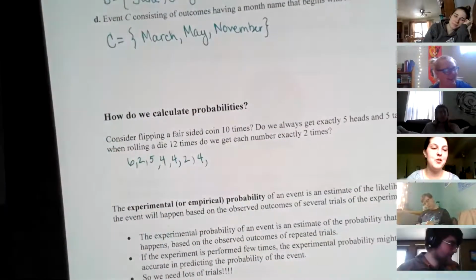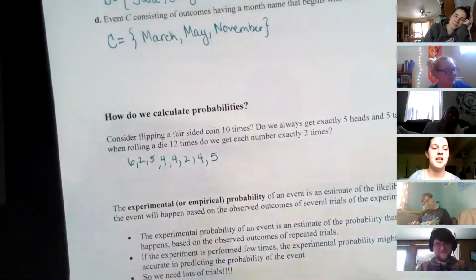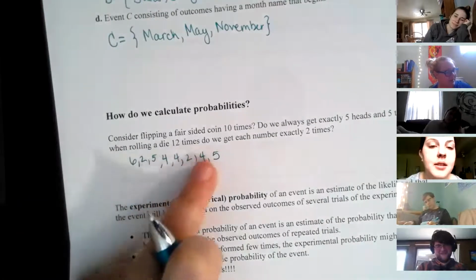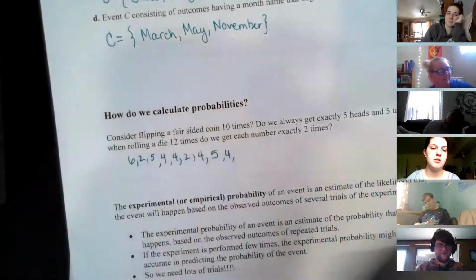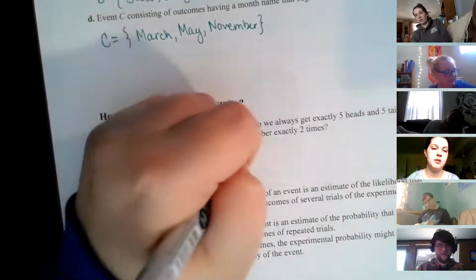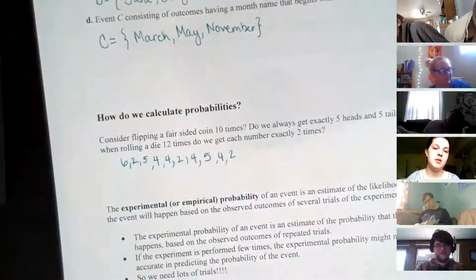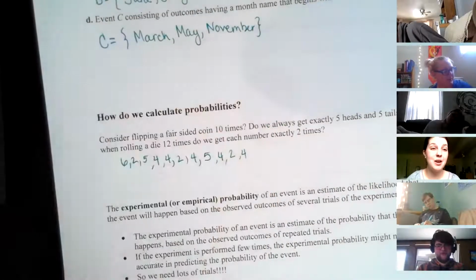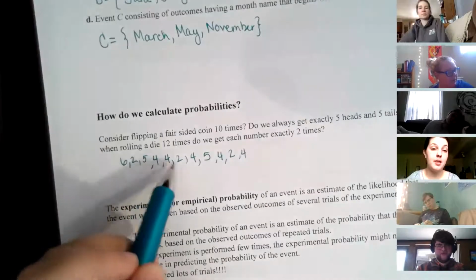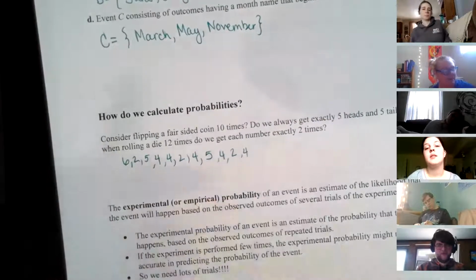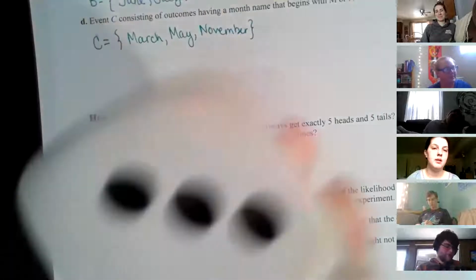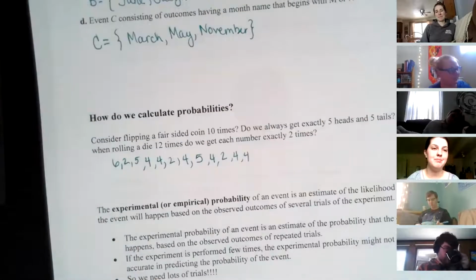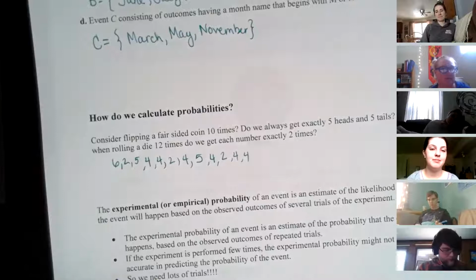No, you ruined it. A 5. That die is loaded. You haven't got any 1s or 3s. There's something wrong with it. 4 seems to be the majority there. So no, it didn't work out that way.